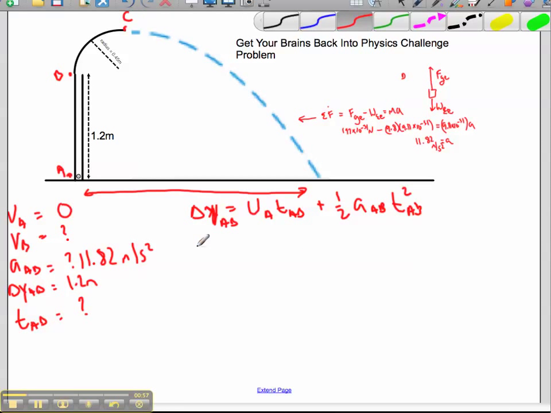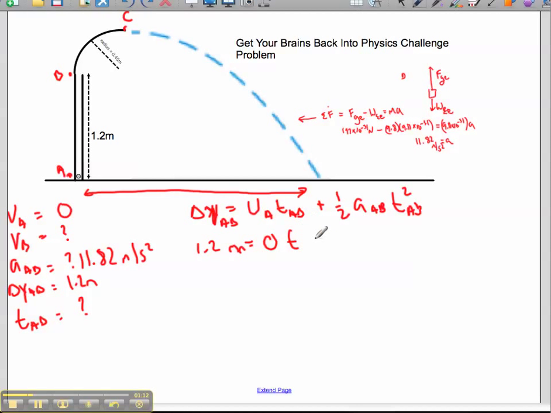And then put in the appropriate numbers. 1.2 meters equals 0 times the time from A to B plus 1/2 the acceleration from A to B, which we know is 11.82 times the time from A to B, and that's squared.